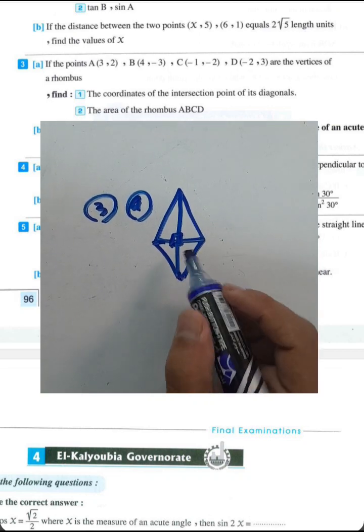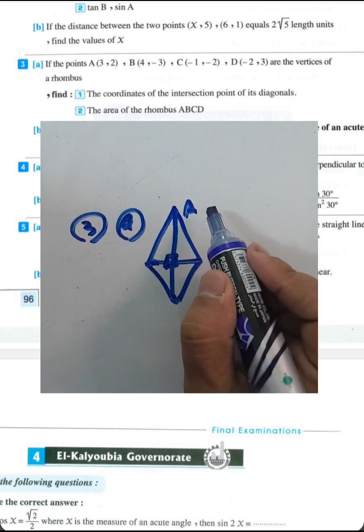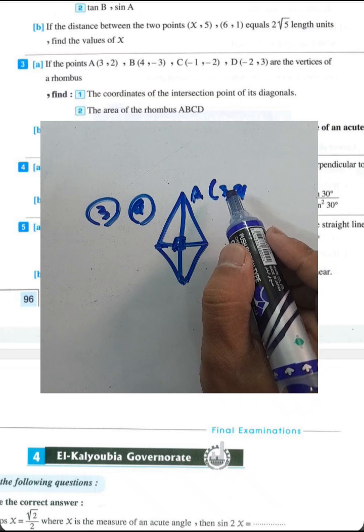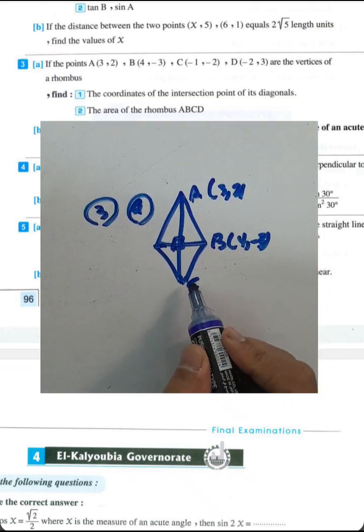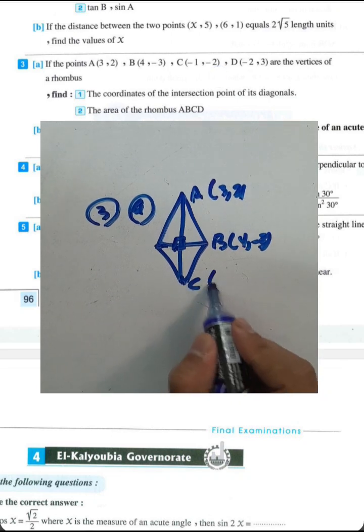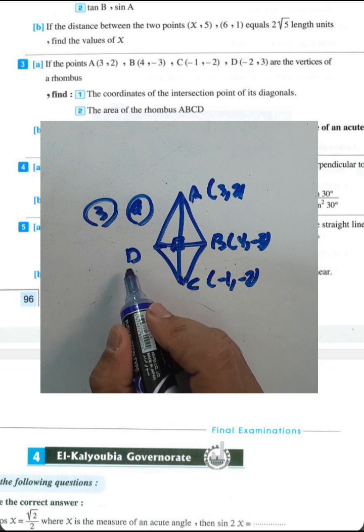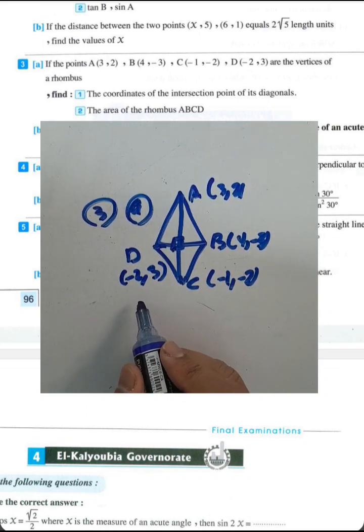Okay, A was 3 and 2, and B was 4 and negative 3, and C was negative 1 and negative 2, and D negative 2 and 3.